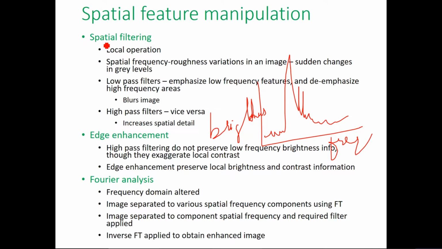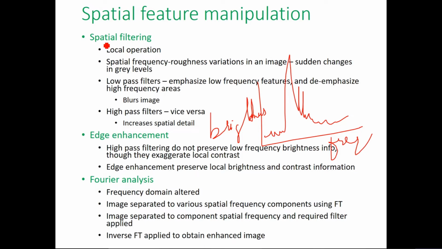Once you apply this filter, you can enhance the low frequency features or the high frequency features in that image. And once you do that specifically for various frequencies, you can invert this. You can do an inverse Fourier transform so that you can obtain the enhanced image. So you obtain an image, you do a Fourier transform on it so that you can represent it in any frequency component required.